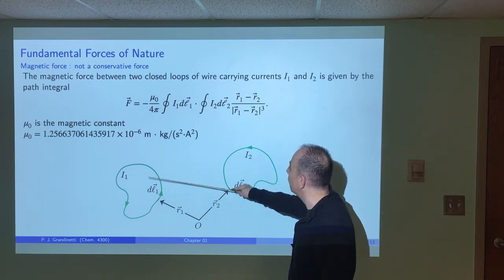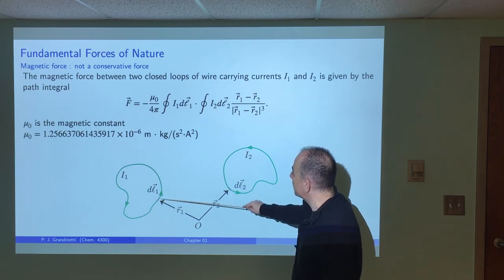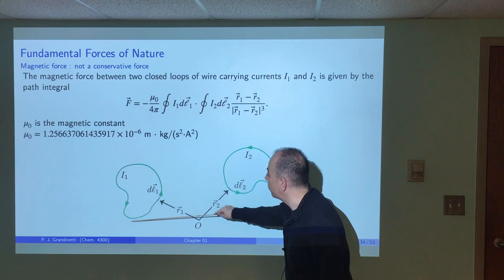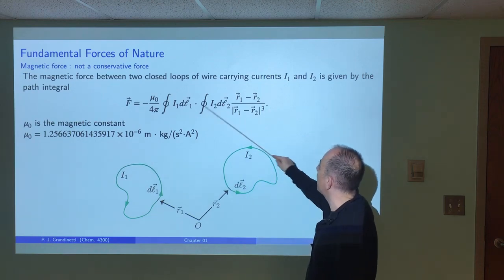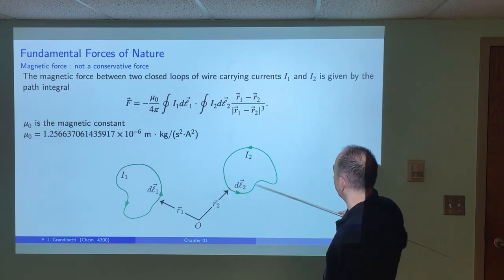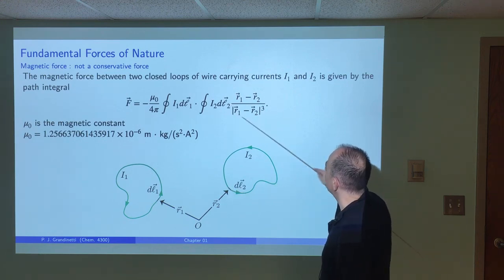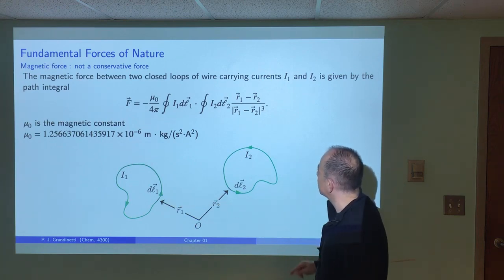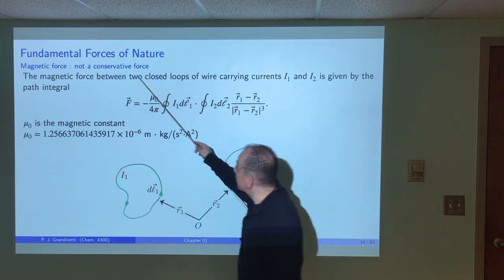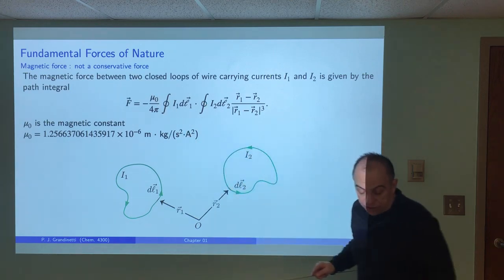There's the current flowing in loop 1, and then this is the segment dl1, and we're going to integrate over the whole loop here. And then here is the dot product with the current flowing in loop 2, integrated over each segment dl2, and then here are the two distance vectors between the two loops. And what's interesting is that magnetic forces are not conservative forces.